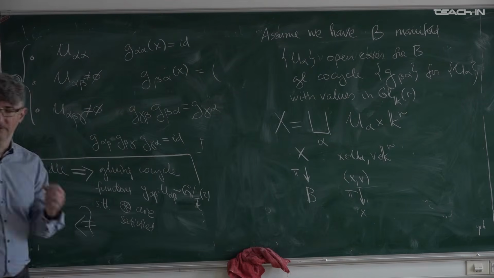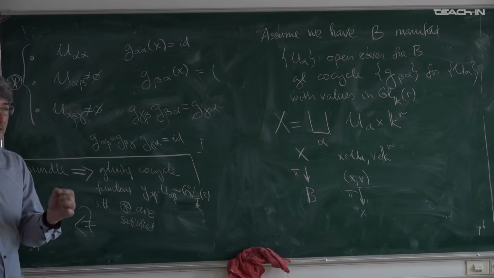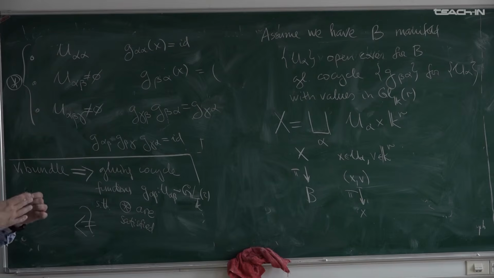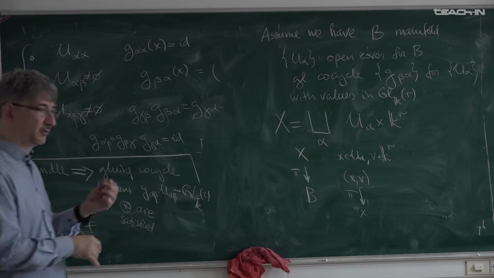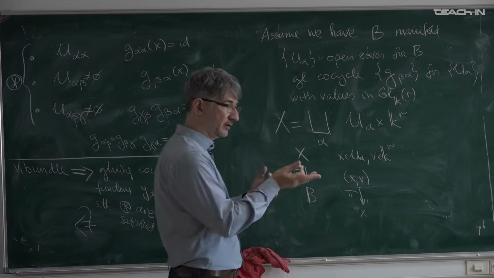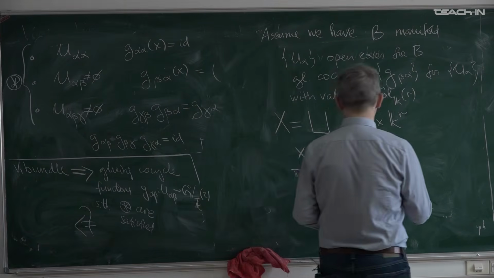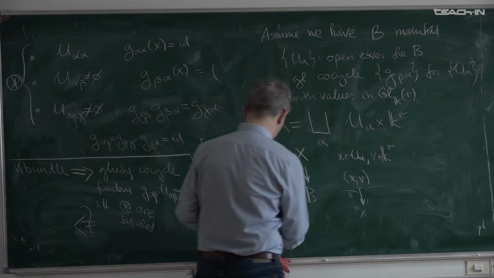The problem is that the same point x can be represented by a point in some other element of the open cover, because x can belong to U_alpha and U_beta. The identification is given as follows.